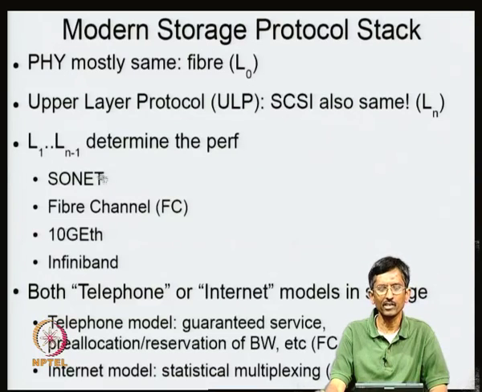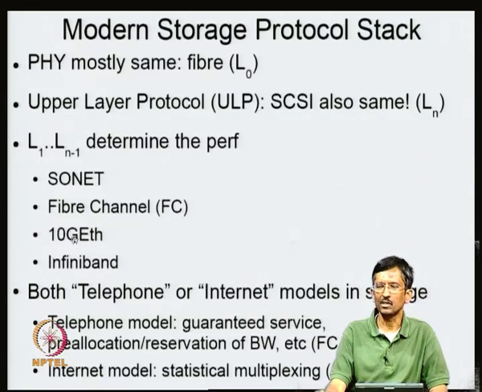So what are the in-between things that finally determine the price and, let us say, the performance of the system? So various protocols have been attempted in the past. For example, I will not go into it, but this has been attempted, something called SONET. Now Fibre Channel has been quite heavily used in enterprise systems.